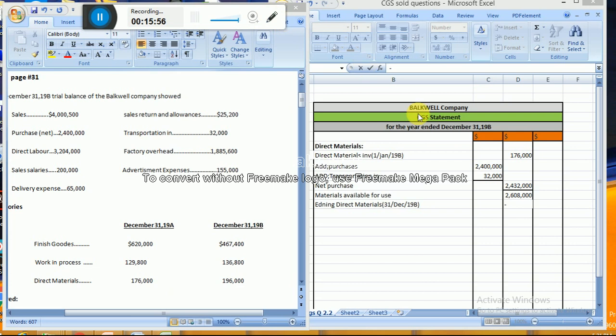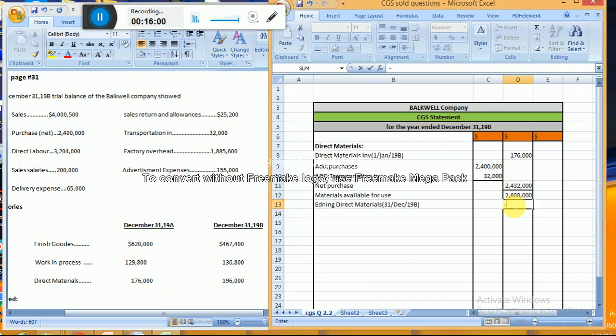Now this amount, how much? The 1,96,000 material that was left, that is not used. So during the year, how much material did we consume? Materials used or consumed, that is also called consumed.